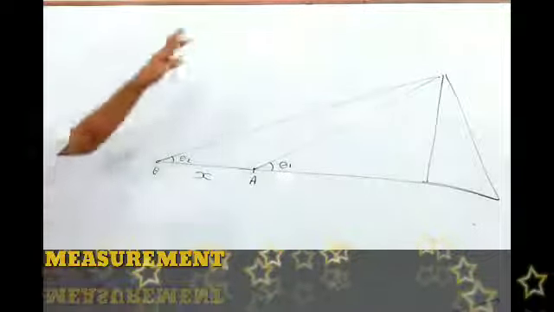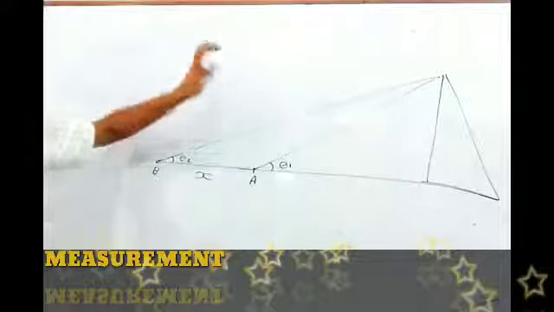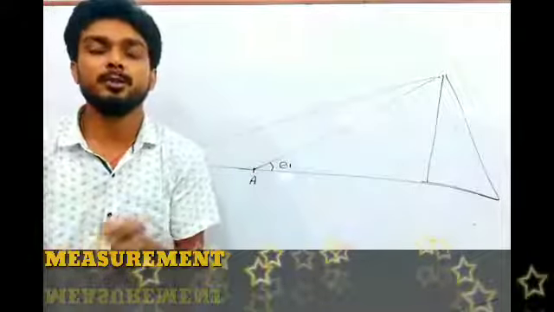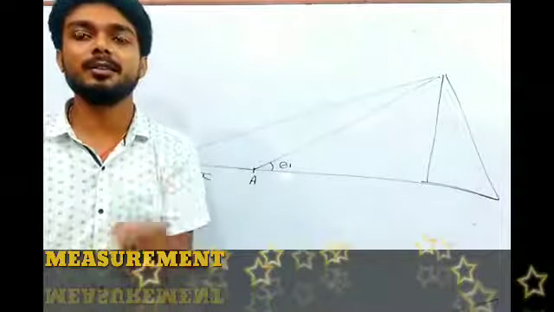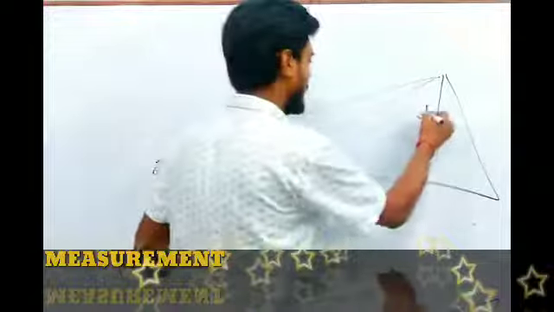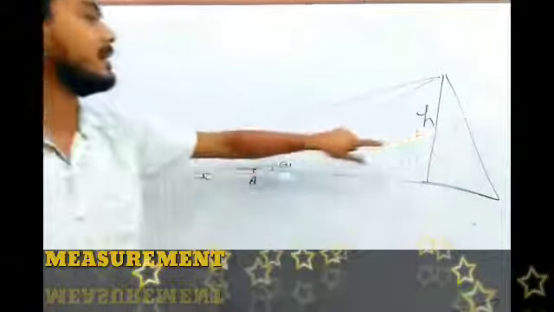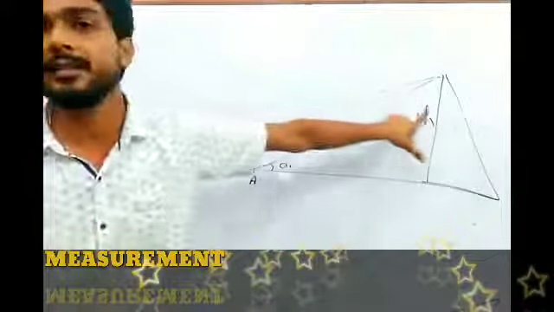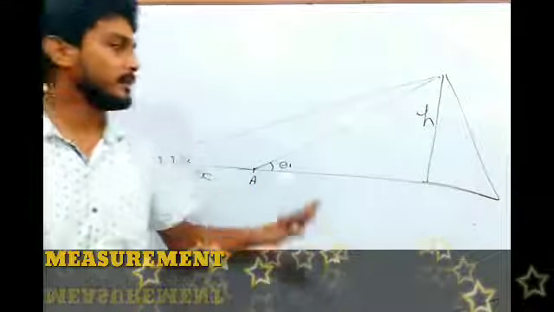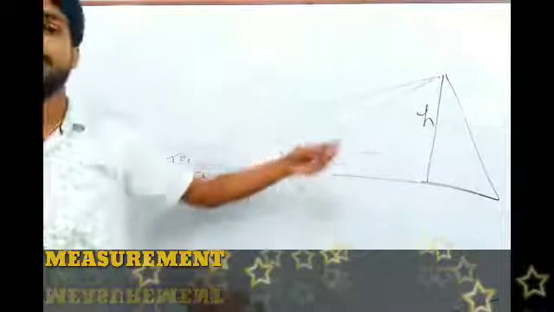Students, this diagram is a problem from your trigonometry chapter, which you studied in class 10th. In that chapter, you can easily measure the height of the tower. This is an indirect method, by which we can measure the height of any tower.